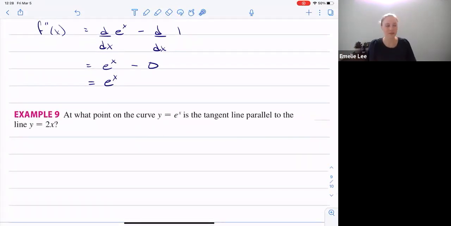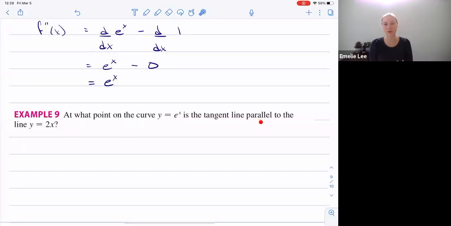All right. So let us expand our minds. At what point on the curve y equals e to the x is the tangent line parallel? Okay, so we have to remember what it means parallel.